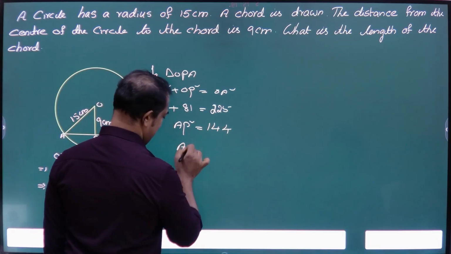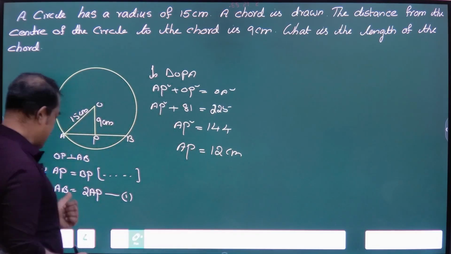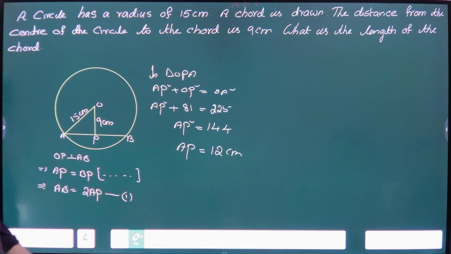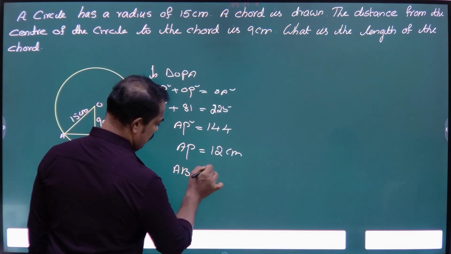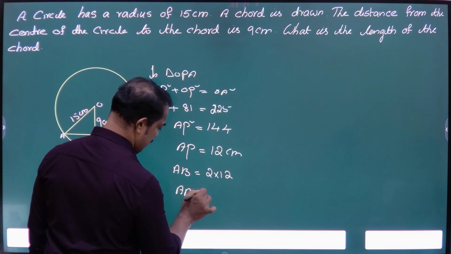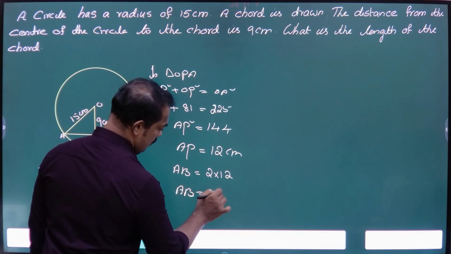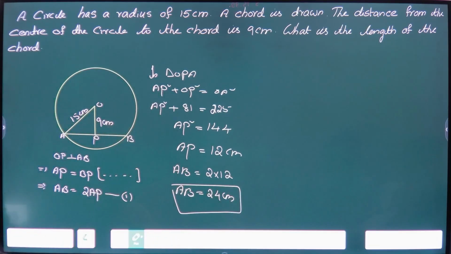What is AP? AP equal to 12. Now what is AB? From equation 1, AB is equal to 2 into 12. What is the answer? 24 centimeter. So length of the chord is equal to 24 centimeter.